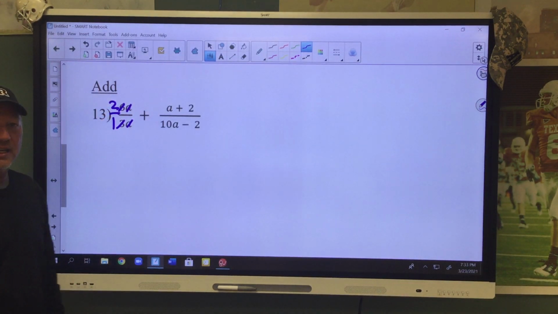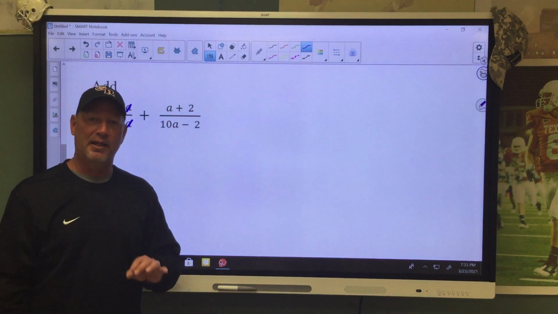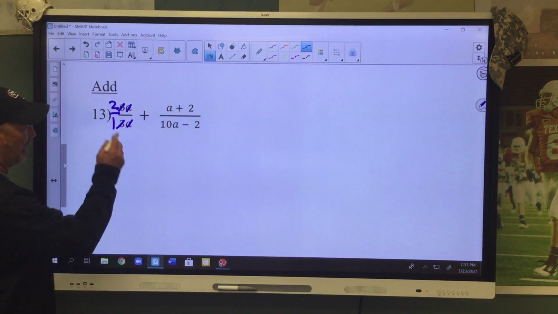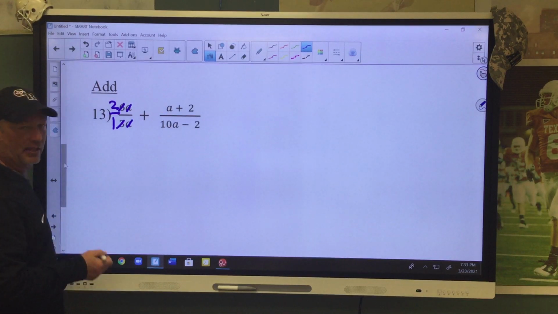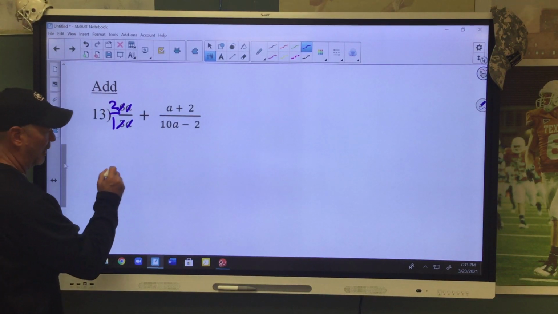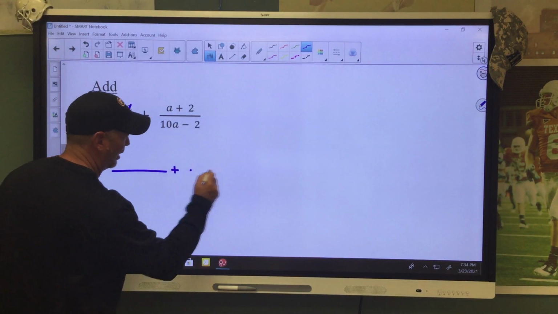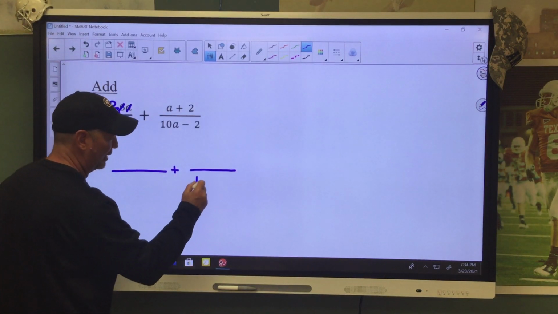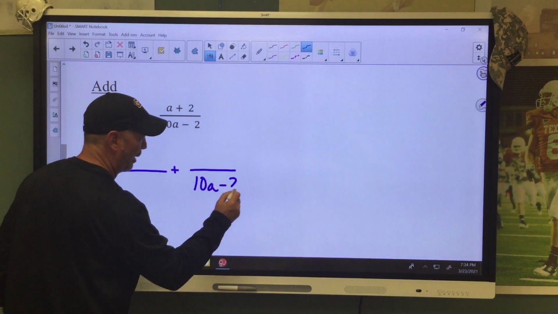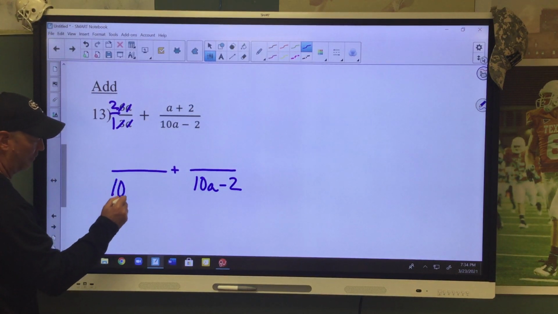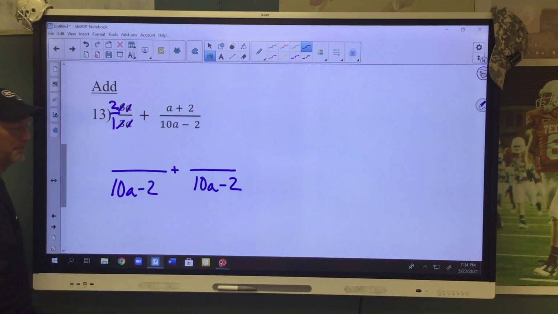That makes it a lot easier to find a common denominator. Because if I have a 1 at the bottom and 10a minus 2 at the bottom, obviously my denominator should be 10a minus 2. That's my common denominator.